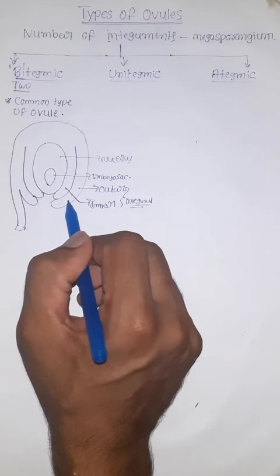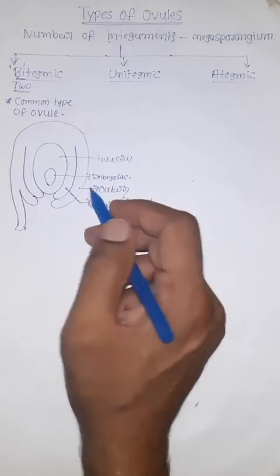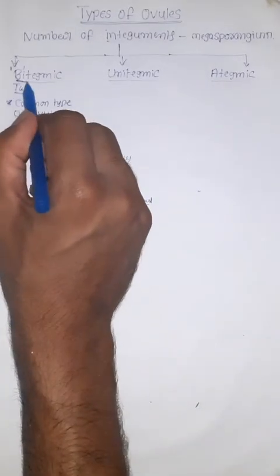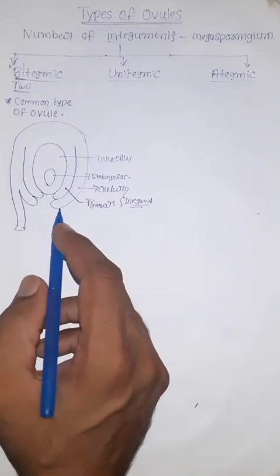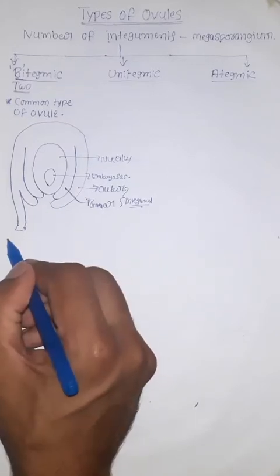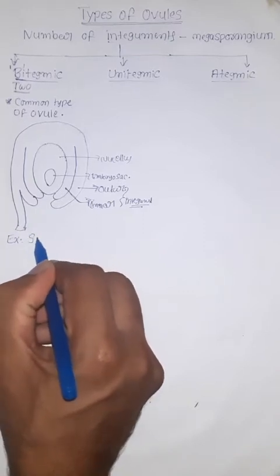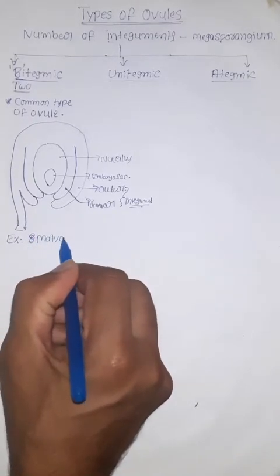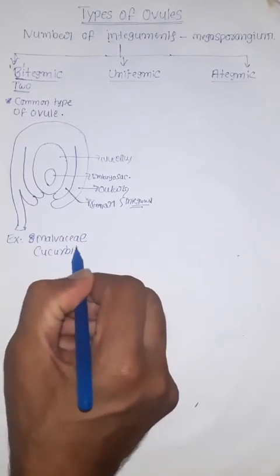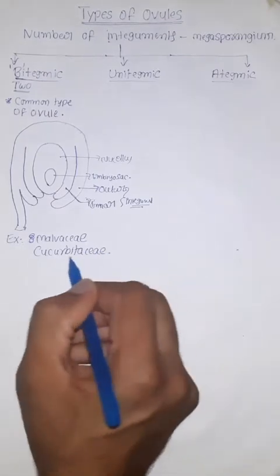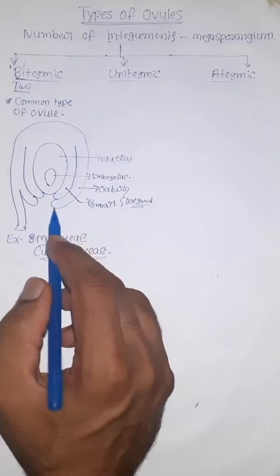Means here we can see two protective layers or two integuments. That's why this type is known as the bitegmic type of ovule. It is a common type. For example, these types of ovules we can see in Malvaceae and Cucurbitaceae. These are two examples where bitegmic ovules are found.